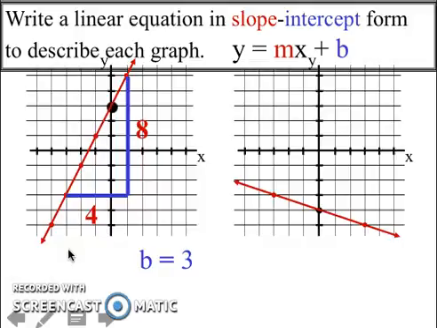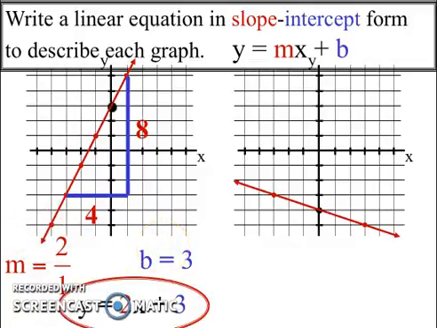Once you simplify, you have 2 over 1. We create our equation by adding our slope and our y-intercept. So we have y equal to 2x plus 3, 2 being the slope and 3 the y-intercept.